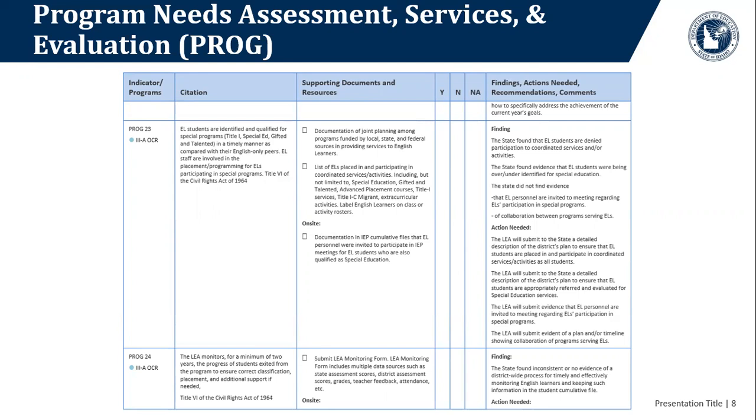So any of those coordination of services documents that show that the students have been receiving services in one or more programs, you will highlight the English learners on the class or activity roster. On site, we're going to ask you to put this into the document upload as well.